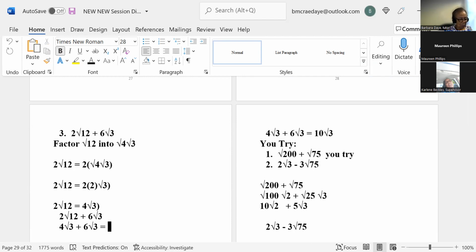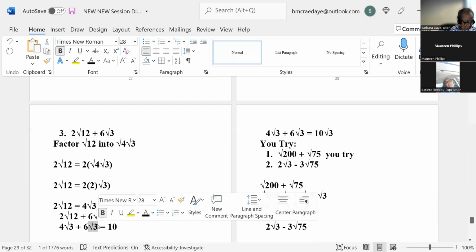Add the coefficients. What do you get? No, the coefficients are 4 and 6. 4 plus 6 is 10. So that would be 10 times the square root of 3.